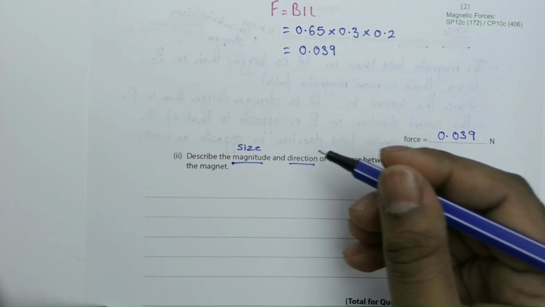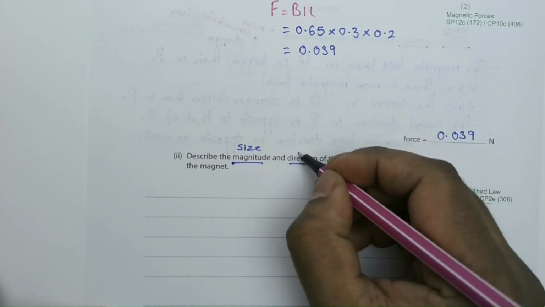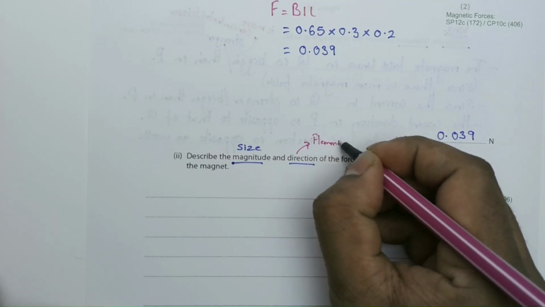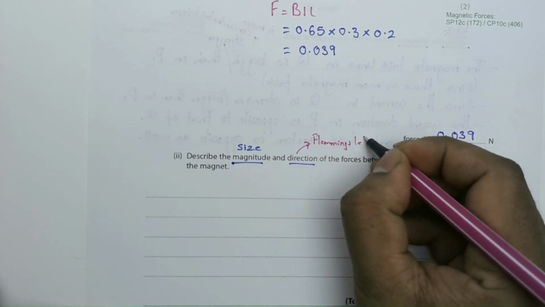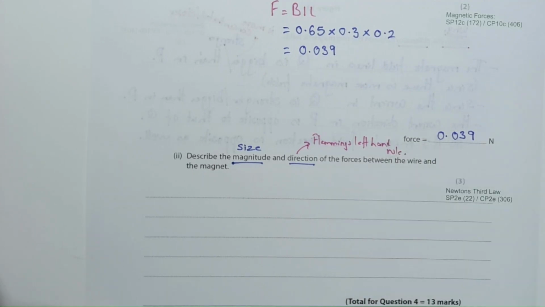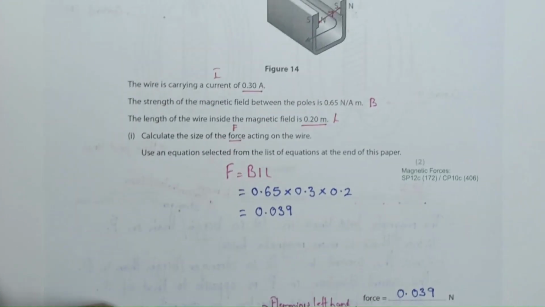So in order to work out the direction, you would use Fleming's left-hand rule. So what is this Fleming's left-hand rule? Let me draw this next to the magnet above.